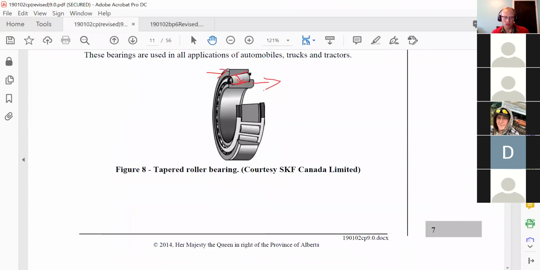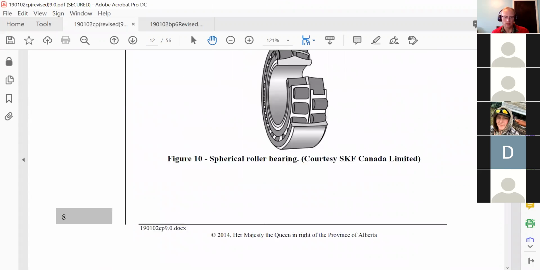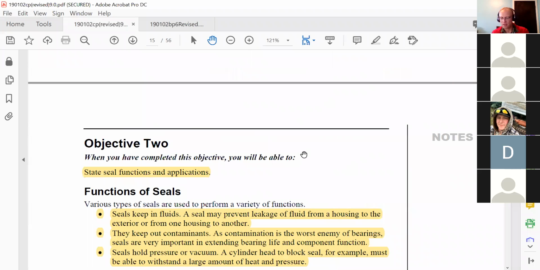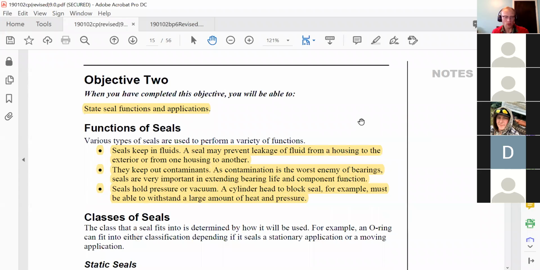The different types we talked about: friction bearing and non-friction bearing, then the different types of non-friction bearings and the types of loads they can handle. Anyone have any questions about this stuff so far? All right, we'll just keep on going.